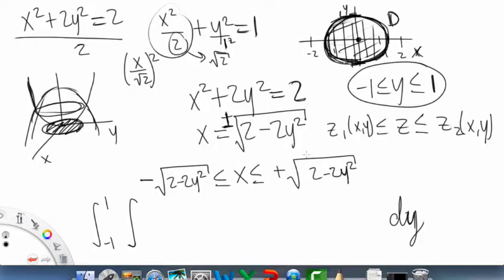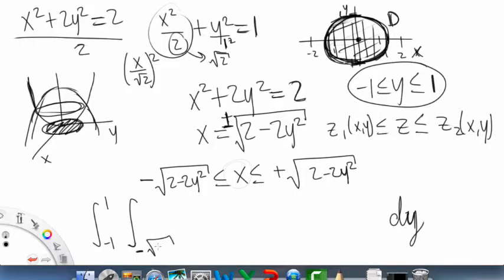So let's say we put z's here, and then we would get bounds that include x and y, right? Then we have z1 of x, y and z2 of x, y. But that's a problem because when you plug in those bounds, we're going to get x's, and we don't have any dx on the outside to fix it, right? So what that means is we have to do x next.